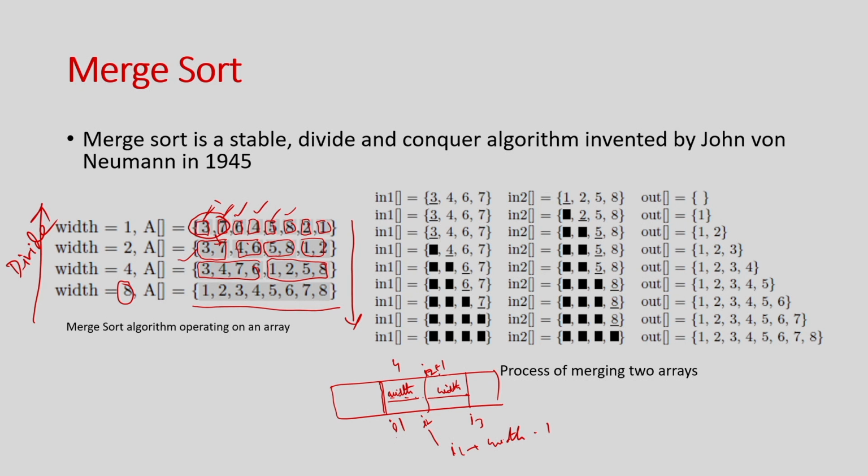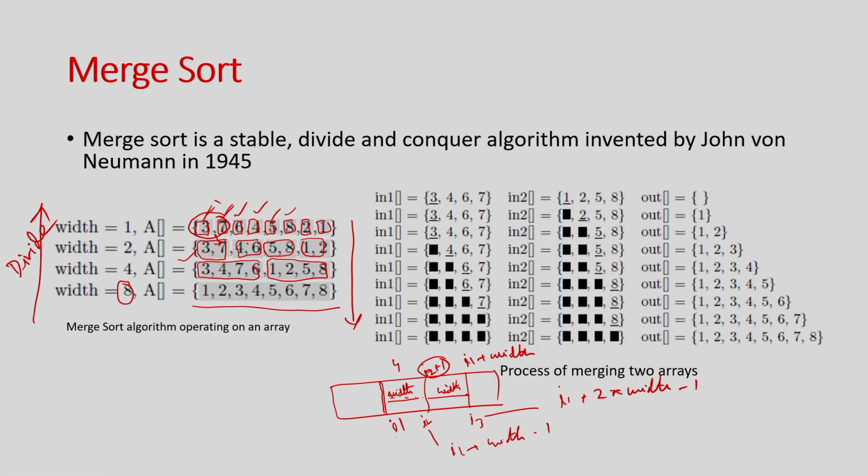The next array starts from I2 plus 1, which is nothing but I1 plus width, and this is I3. I3 is nothing but I1 plus 2 times width minus 1. This is how it happens.